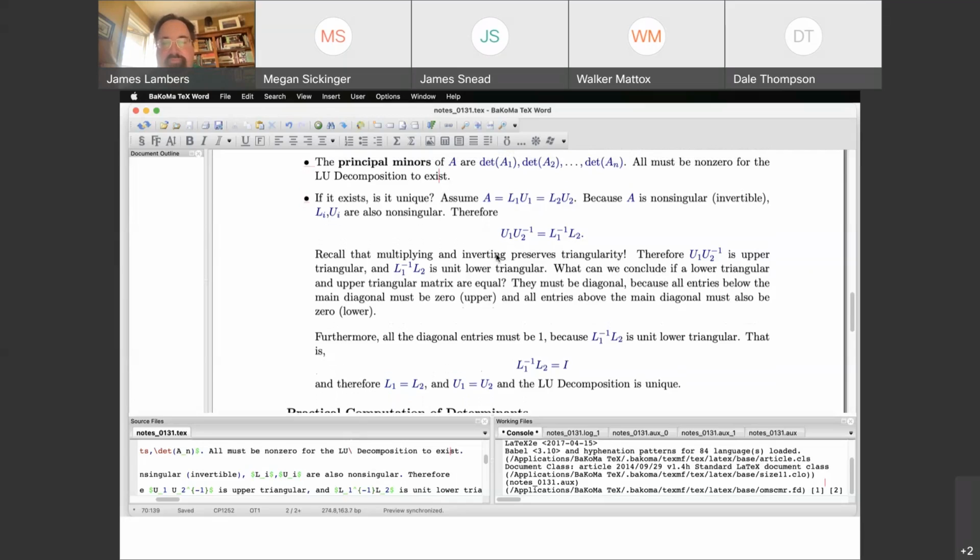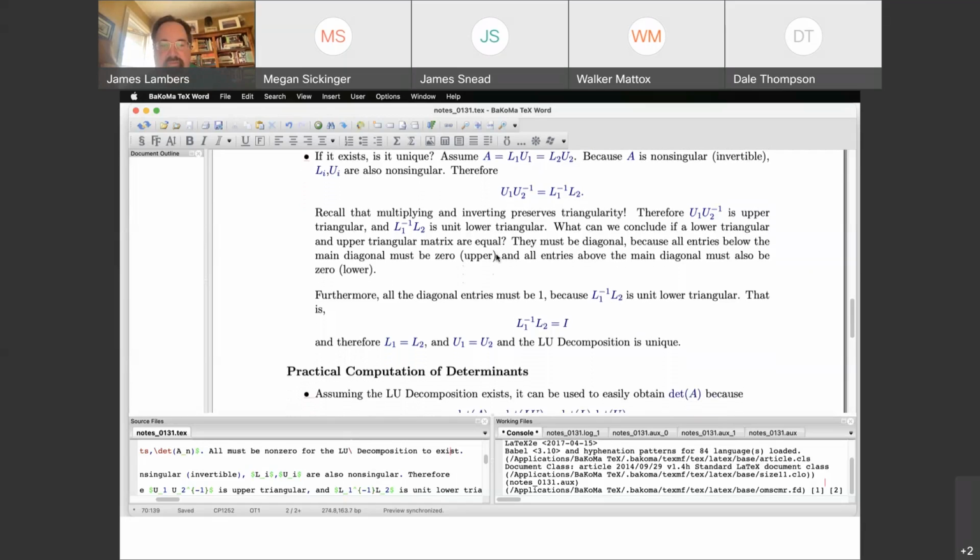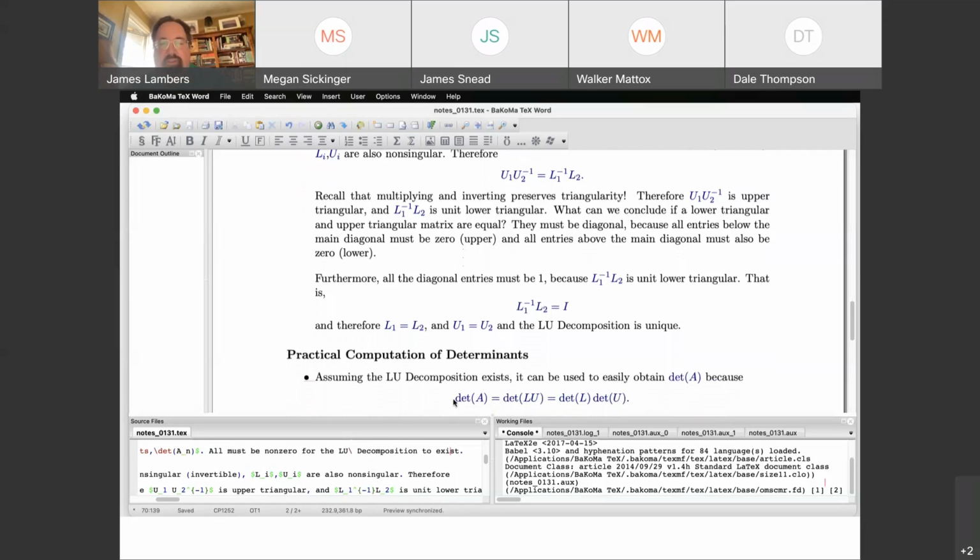Now, once you have the LU decomposition, assuming it does exist, you can use that information to quickly compute the determinant of a matrix using properties of determinants. The determinant of a product is a product of determinants.